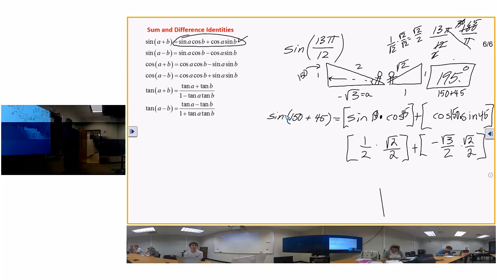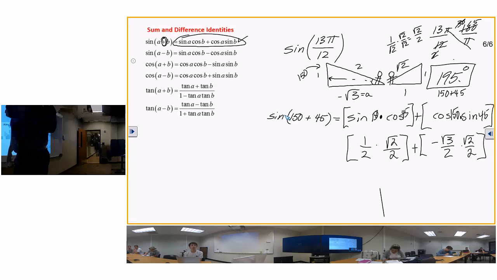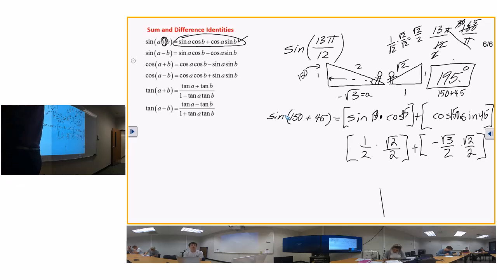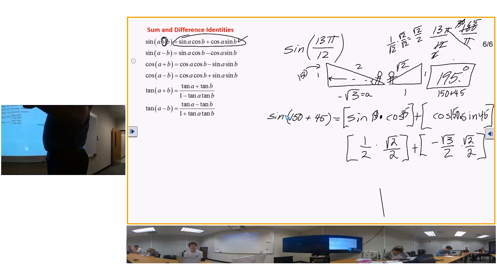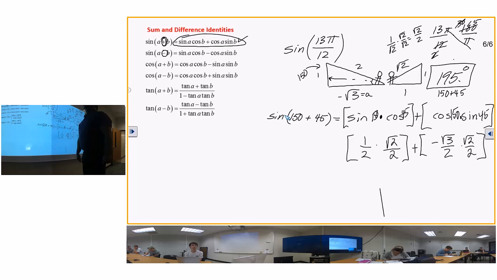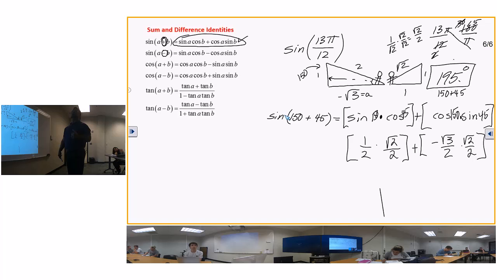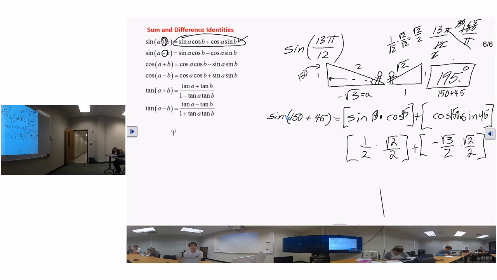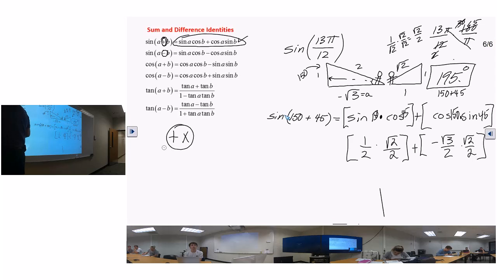Times, multiplication. 2 plus 3 is the same as 3 plus 2. 3 times 2 is the same as 2 times 3. But what about this guy? Minus. You have to put it the right way with those. Do you see what I'm saying? Remember, addition and multiplication. Starts with a C. What is it?